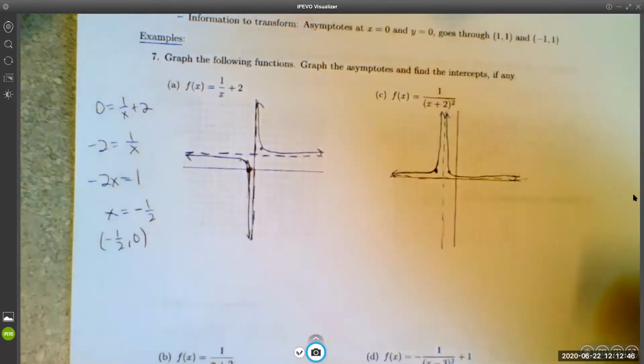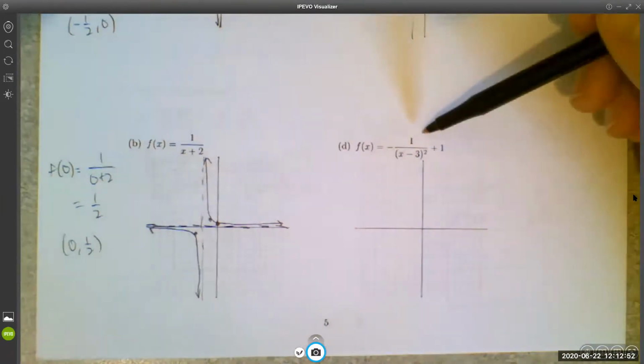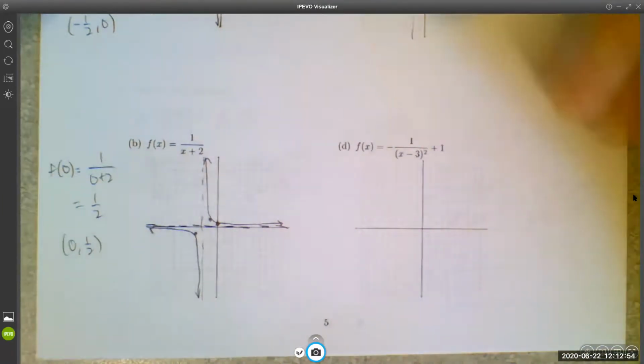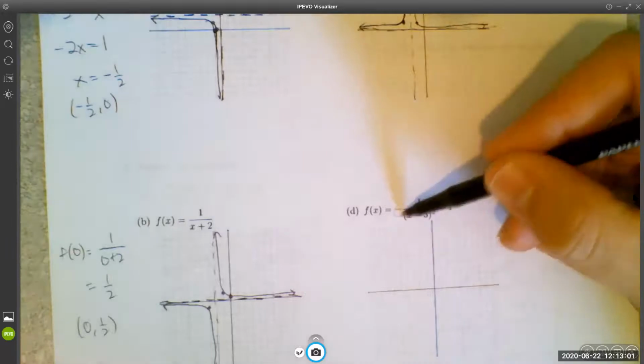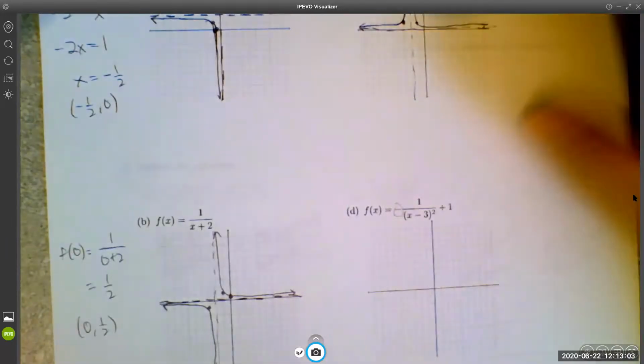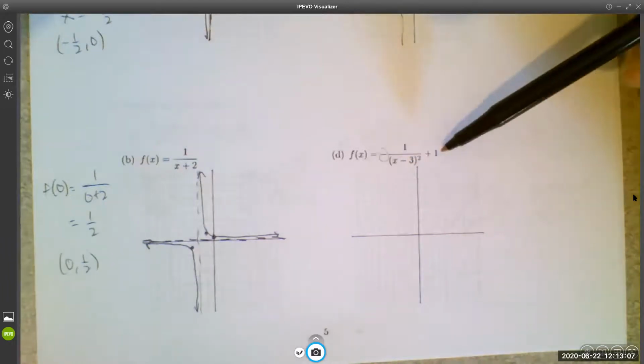Okay, so let's do one maybe a little more complicated with a little bit more going on. This function is the 1 over x squared function, so it's going to look more or less like this, except it's going to be pointing downwards, right? Because of that negative sign out in front. It's also going to be shifted right 3 units and up 1 unit.